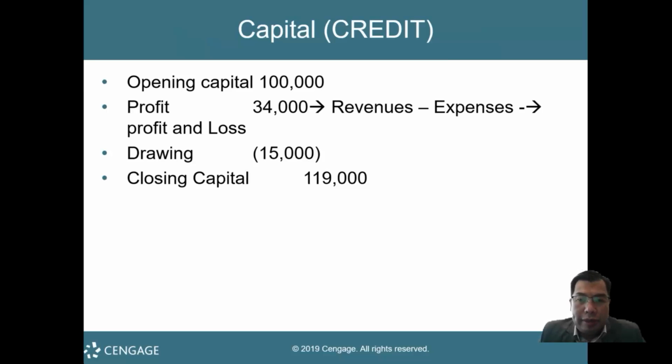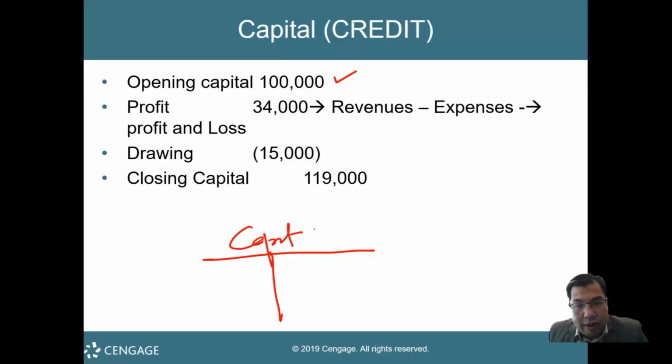So what happened to your capital? If you have a capital of 100,000, this is your capital. Your capital credit balance 100,000. And then from your P&L or income summary, for income summary, you add 34,000.